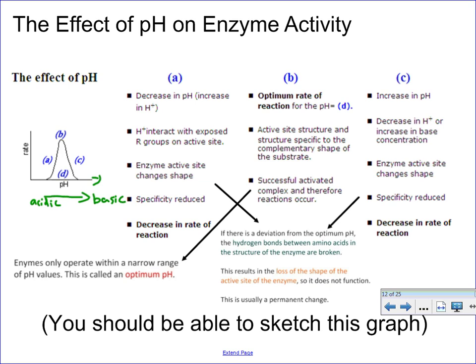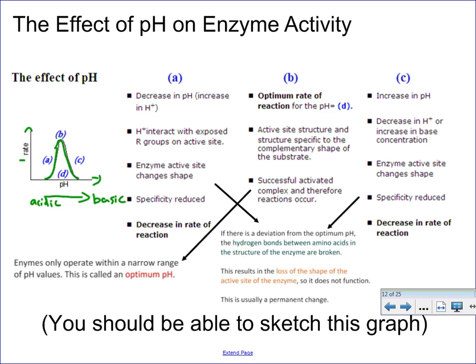We compare that to the rate of enzymatic activity on our y-axis. You'll notice the shape of the curve for pH is a very steep increase until you reach an optimum pH, and then a very steep decrease.